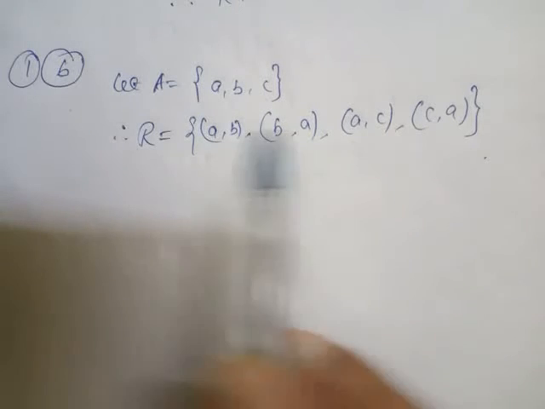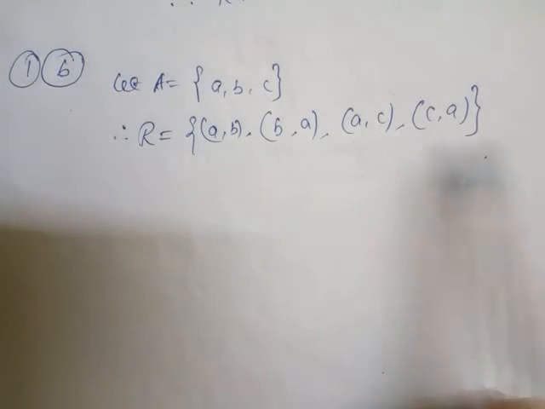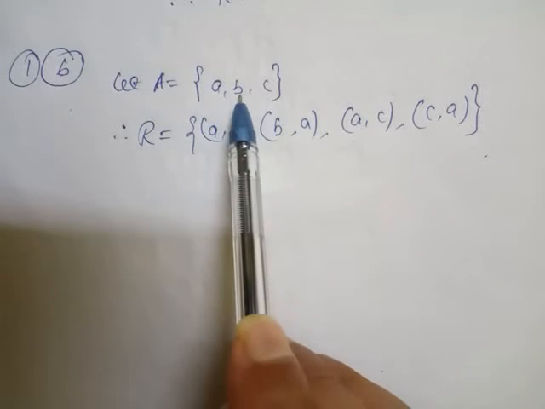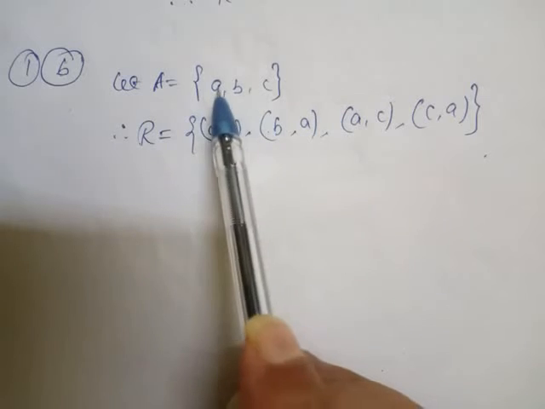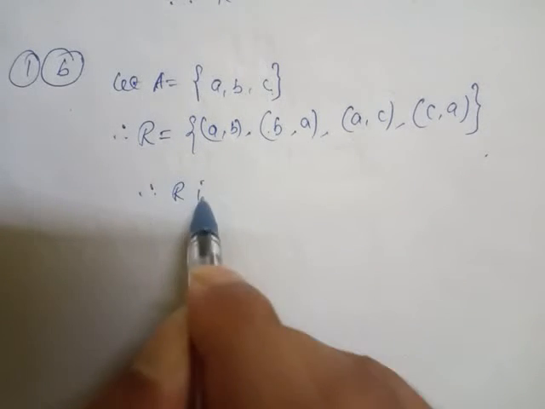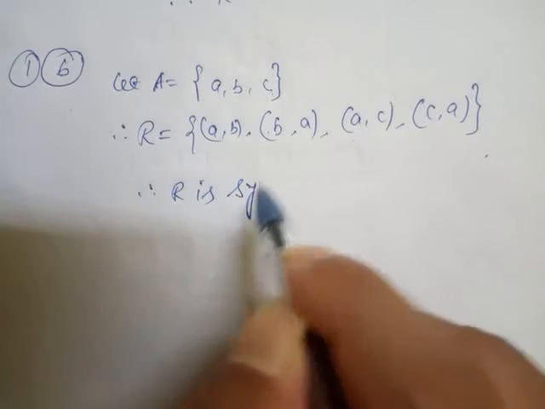Now look student, we have got this relation by only interchanging the elements, like (a, b), then (b, a), (a, c), then (c, a). So we can write here that R is symmetric.